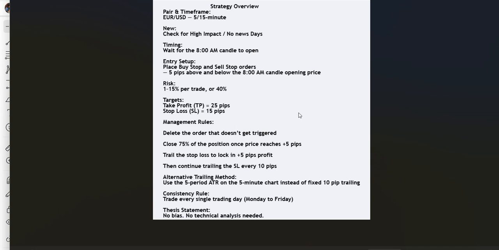And then you're going to do the same thing for the sell. You're going to take the 8 a.m. candle open price and subtract 0.0005, and that's going to give you the entry for the sell stop. You're going to subtract 0.0015 from your sell stop entry, and that's going to give you, no, my bad. You're going to add 0.0015 to your sell stop entry.